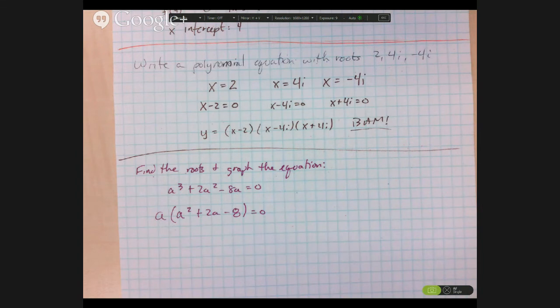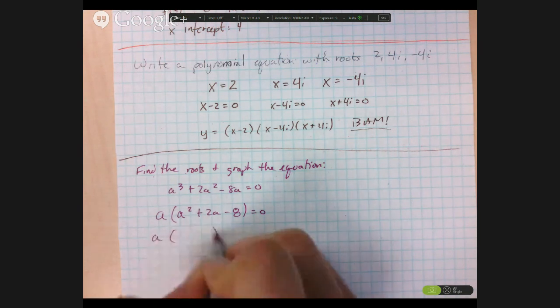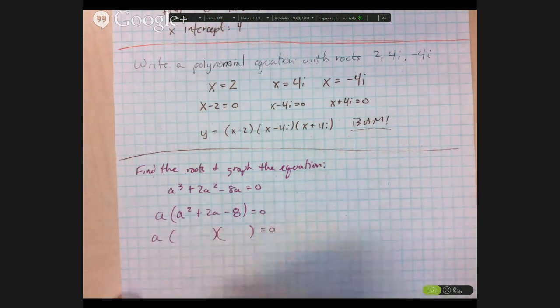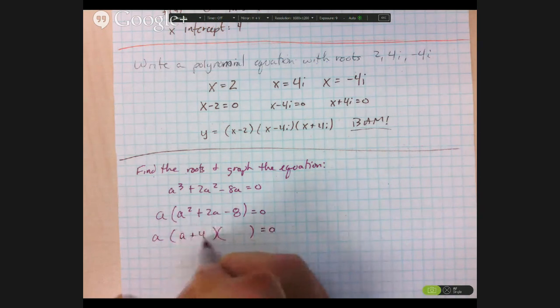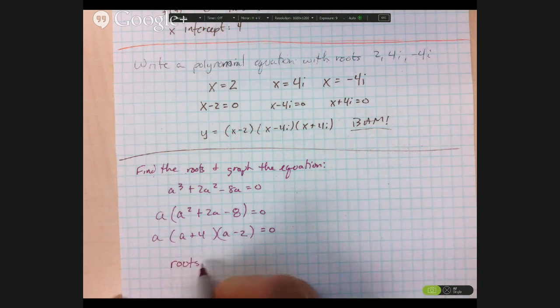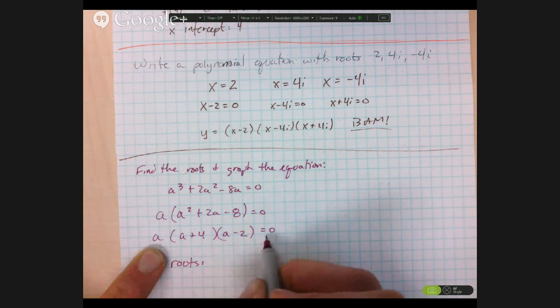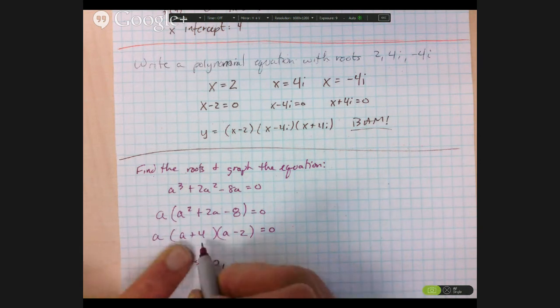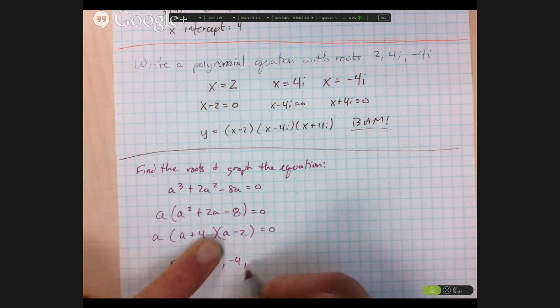What's next? 4 times 2, 4 negative 2. What are your roots? 0 equals 0, right? Negative 4 plus 4, and 2 minus 2.